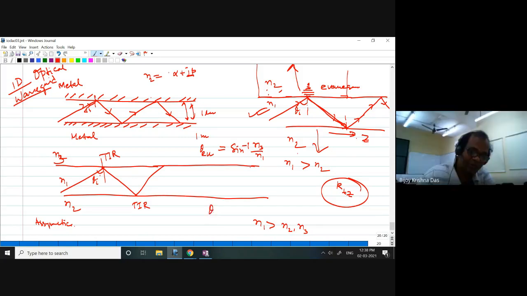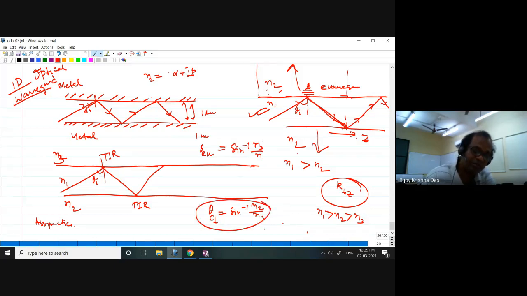And the lower critical angle, theta CL, would be equal to sine inverse of N2 by N1, right? Suppose I have the condition that N1 is greater than N2 is greater than N3. That is one particular condition I am considering. Just a quick question: which one will be higher, theta CL or theta CU?